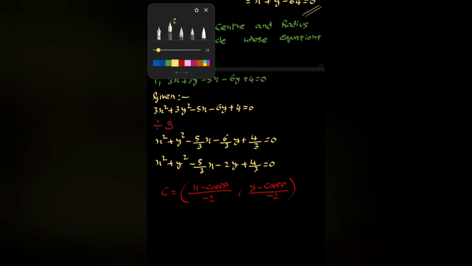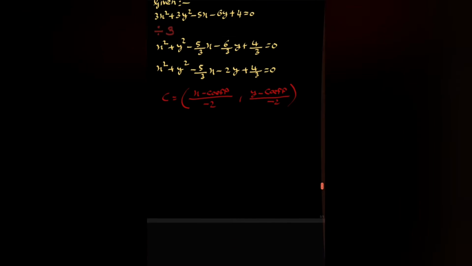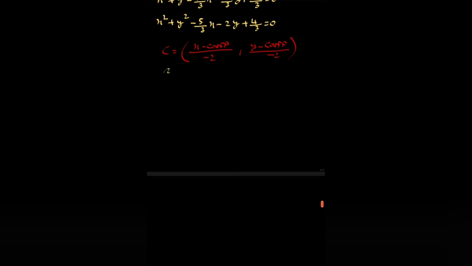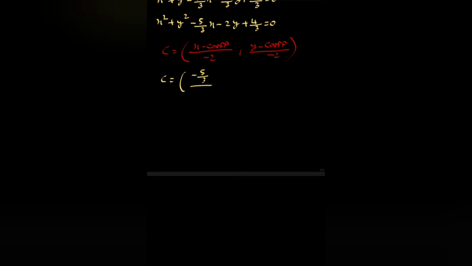So c equal to, what is x coefficient? Minus 5 by 3. Minus 5 by 3 by minus 2. What is y coefficient? Minus 2 by minus 2. Here minus minus get cancelled and minus 2 get cancelled and 2 comes up, which is 5 by 3 into 2.